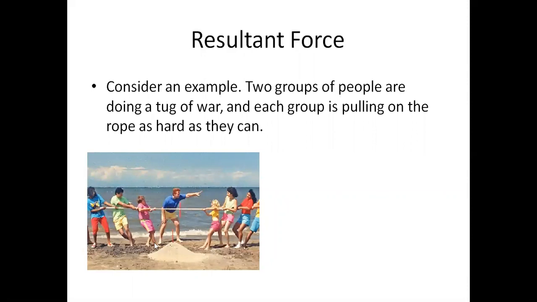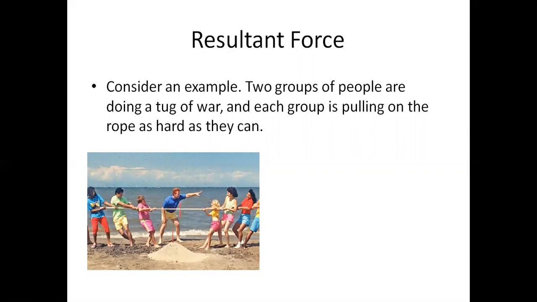See here, he is a referee. One group of people is on this side, the other group is on this side. Mostly all of us know that we have played this. When the middle point of the rope crosses to one side, those people will win the tug of war.